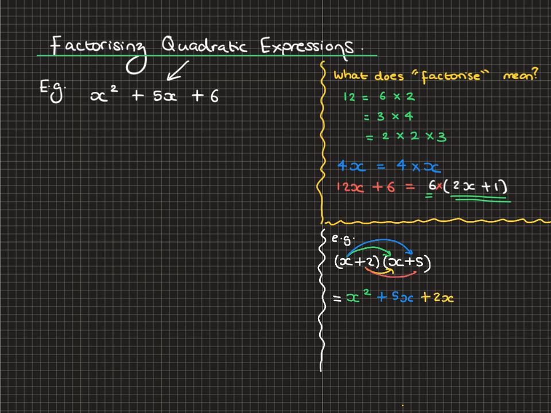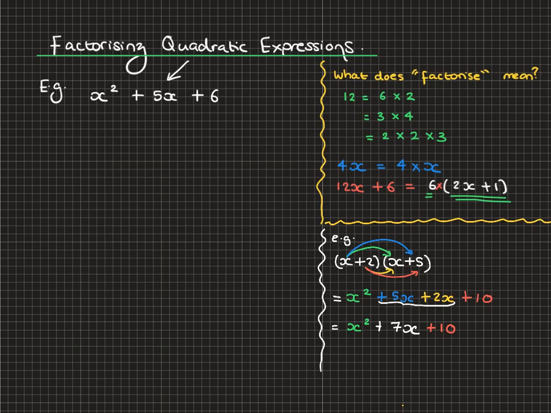And 2 multiplies by 5 to give us 10. We can then simplify this because in this particular example, the two central terms can be simplified to give us 7x. And we end up with a 3-term quadratic expression, a little bit like the one we have here, x squared plus 5x plus 6.